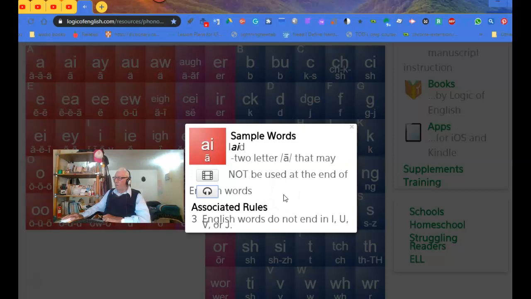And why is it not used at the end of English words? Because there's a simple rule that English words do not end in I, U, V, or J. And here's a word with that phonogram in it, laid.